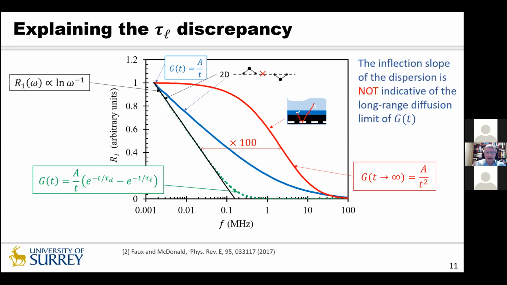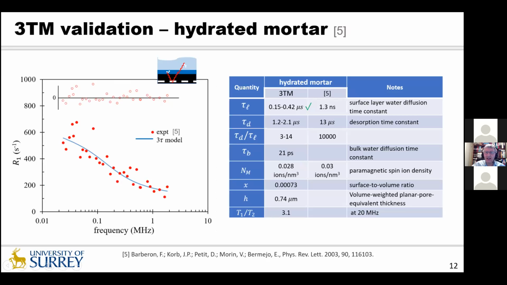Okay, the difference, as you can see here, between the two curves, between the Korb and the 3 tau model, is about 100, and that explains the difference between the two values here, 1.3 nanoseconds and our value. So we now understand how that has arisen, and we give ourselves a green tick here.